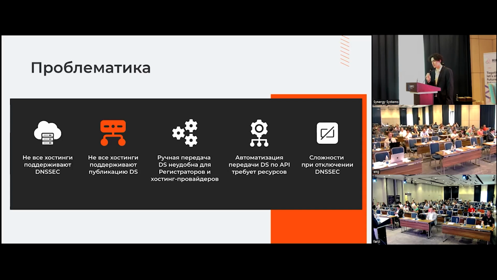Automation of DNS requires resources for the development of an API, which requires human and time resources. We also have to take into consideration that some registrars use their own web hosting billing, and for them it is difficult to write an API for automation of DNSSEC. And another important problem is the difficulties of DNSSEC.